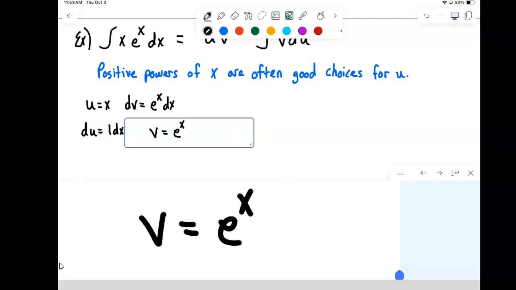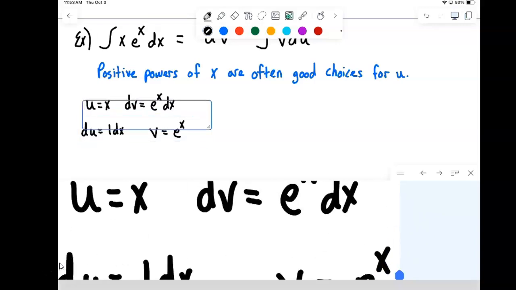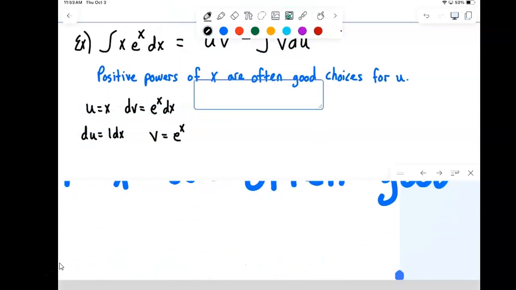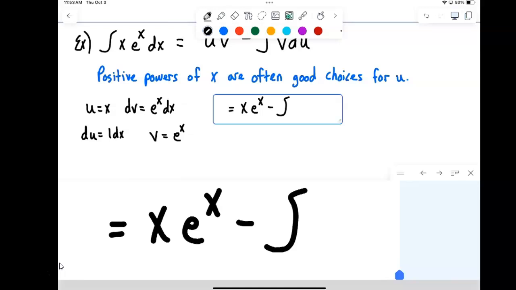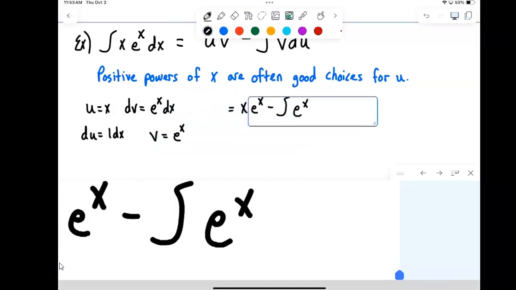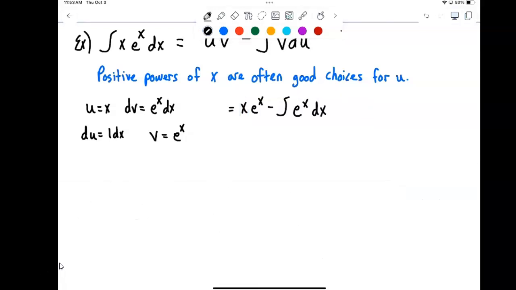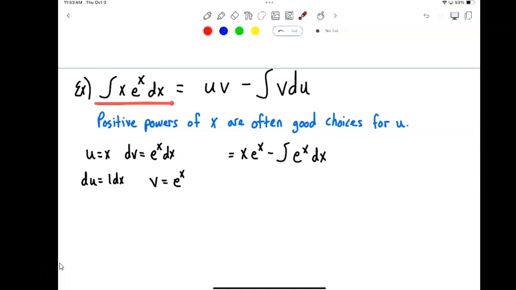So now we know what v is, and now we know what u is, and so now we can use our formula and say, hey, our integral over here will be uv, so x e to the x, minus the integral of v, e to the x, du, which in this case is dx. And so you can see by this change, we've managed to get from having to evaluate an integral that has a product, x times e to the x, to having to evaluate an integral that's actually pretty easy to do, right?